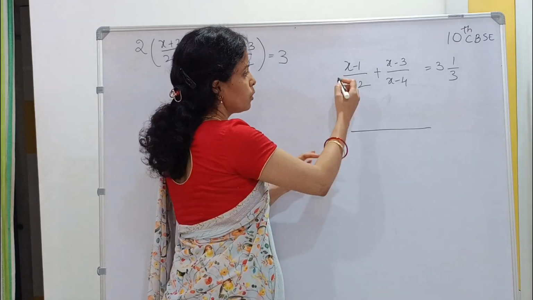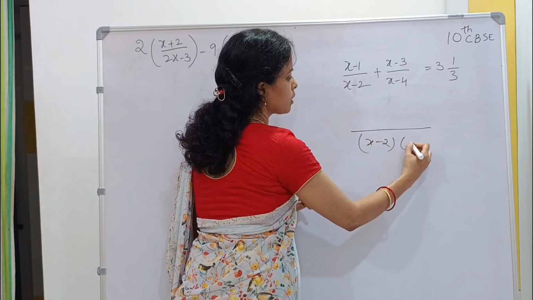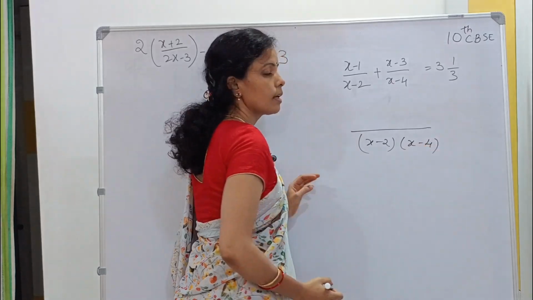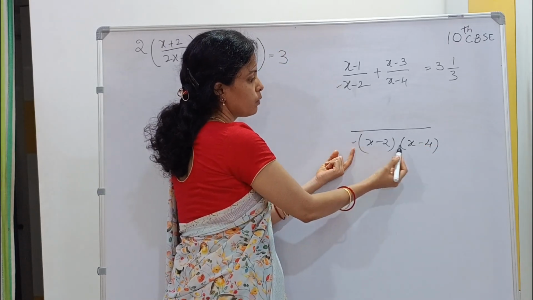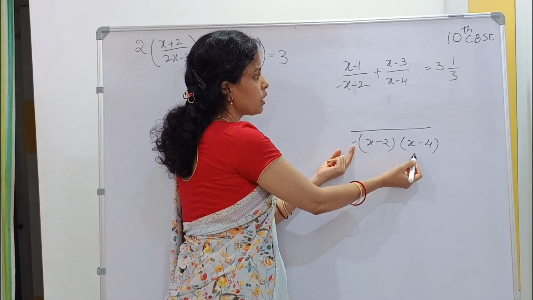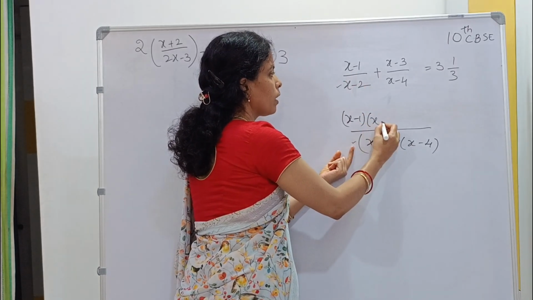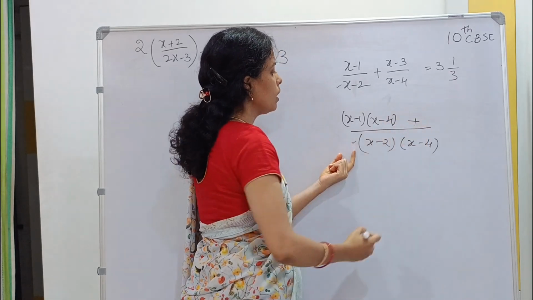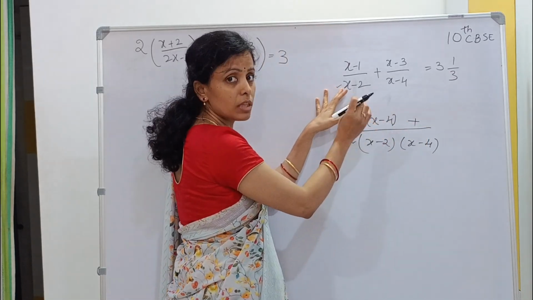For the denominator, we can take x minus 2 into x minus 4 as LCM. We already have x minus 2, but we don't have x minus 4, hence multiply x minus 1 into x minus 4. So the term which we don't have, we have to multiply.